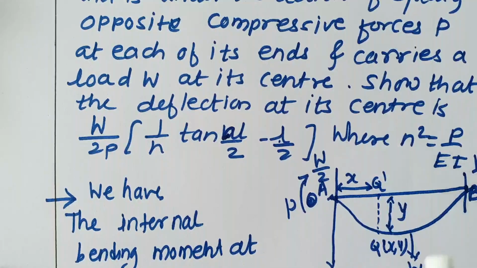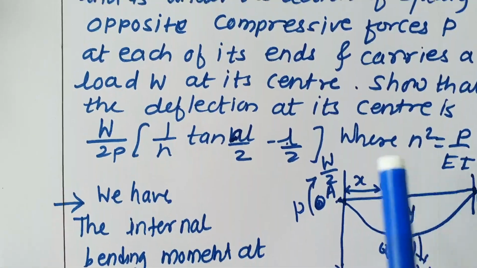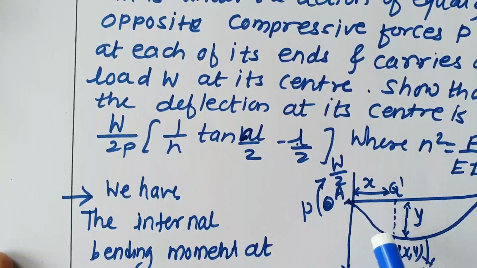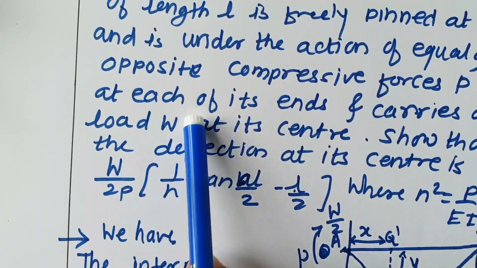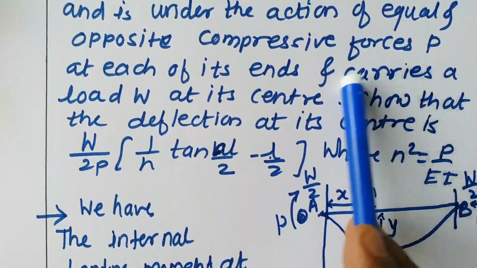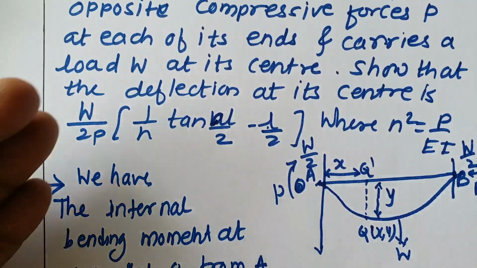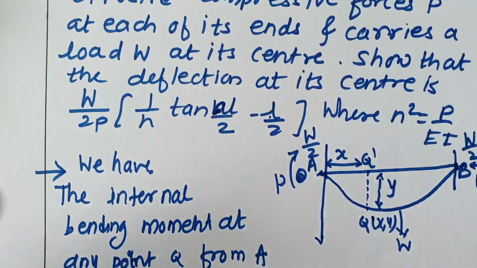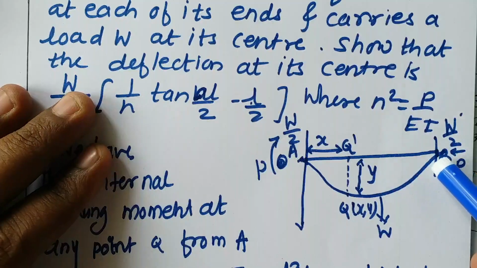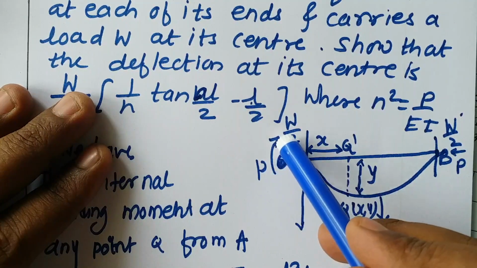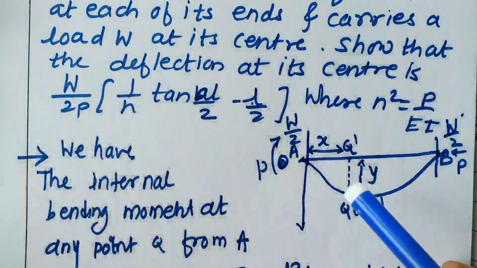At both ends we have equal and opposite compressive forces. This is a compressive force acting in the clockwise direction; from this side also compression is acting in the clockwise direction.